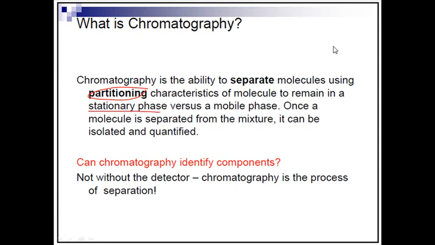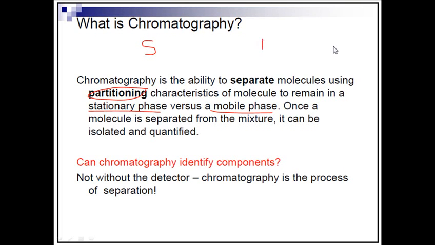So what we have here is a stationary phase and a mobile phase. Basically, chromatography is an interaction of two different phases and the molecule to be separated. For example, we have a stationary phase. As the name suggests, the stationary phase molecules are stabilized or fixed in a particular region.